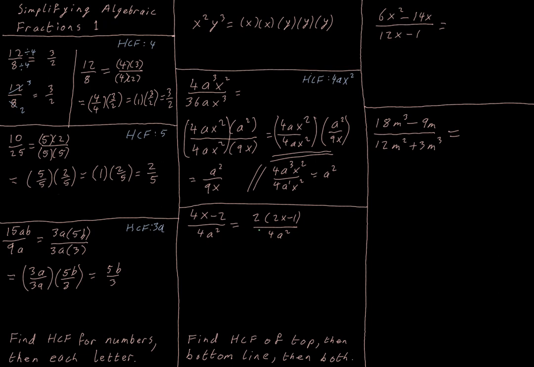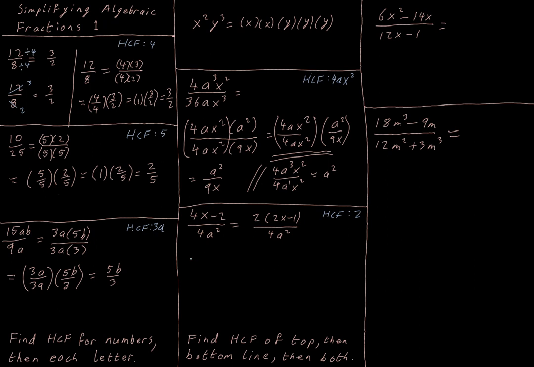Now I see that I don't have a highest common factor of 4. I do not have a highest common factor of 4 top and bottom. I only have a highest common factor of 2. The only factor that is common to everything on the top line and everything on the bottom line is 2. So my highest common factor is just 2. It is not 4 like it might look like if we just started crossing off terms.